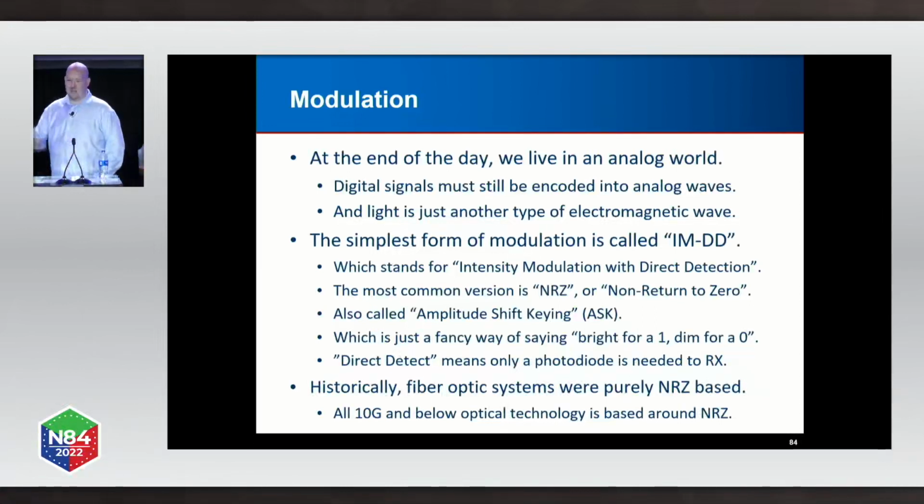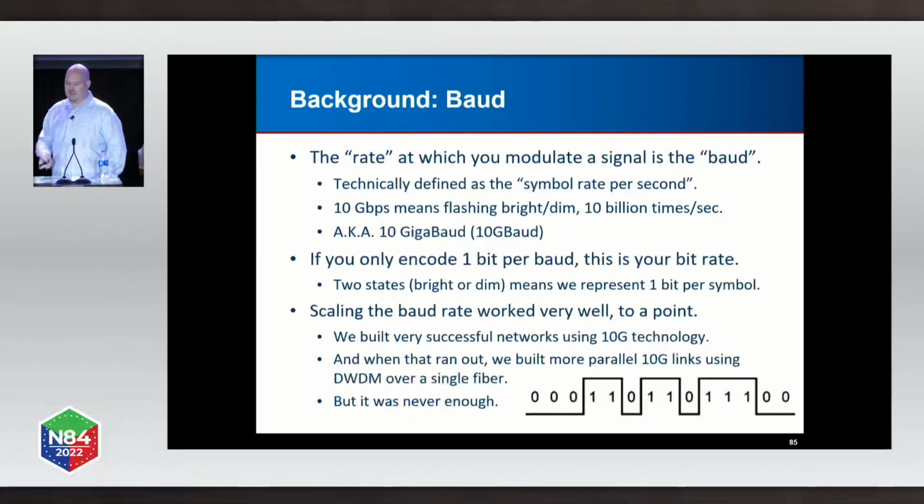And that's what most systems have been historically, and that's what everything up into 10 gig absolutely is, up into 40 gig, and even into most 100 gig that's out there as client optics. As you move into newer 100 gig, called single lambda 100 gig, as you move into 400 gig, as you move into PAM4, as you move into other things, then we've started to shift away from NRZ into more complicated things. But historically, this is what's out there.